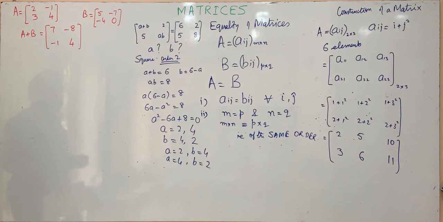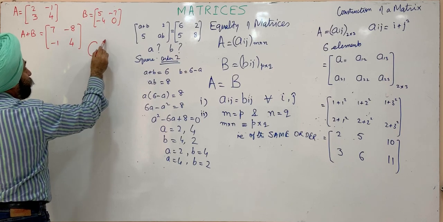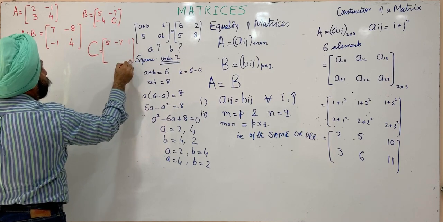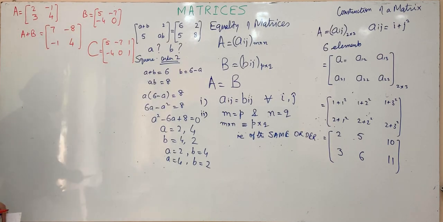So obviously we get a matrix which is of the same order. This is 2 by 2, this is 2 by 2. And let's say we have matrix C which is 5, minus 7, 1, minus 4, 0, 1. Then what is A plus C? We say A and C are not conformable to addition.